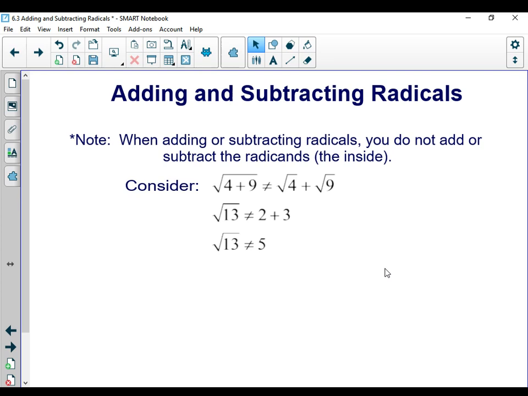Okay? So when can we combine radicals? We can combine them if two things are the same. If the radicands are the same, remember that's what's underneath the radical. And if the index is the same. Okay? And that's on the next slide here.